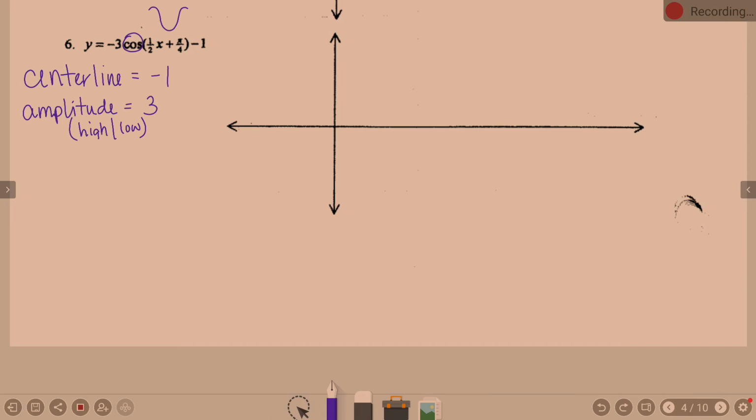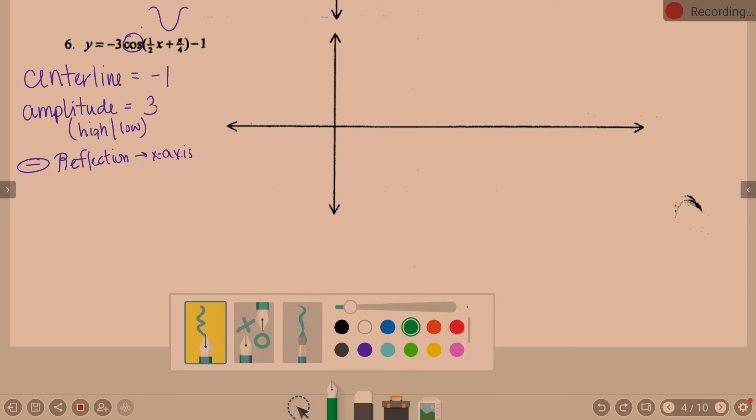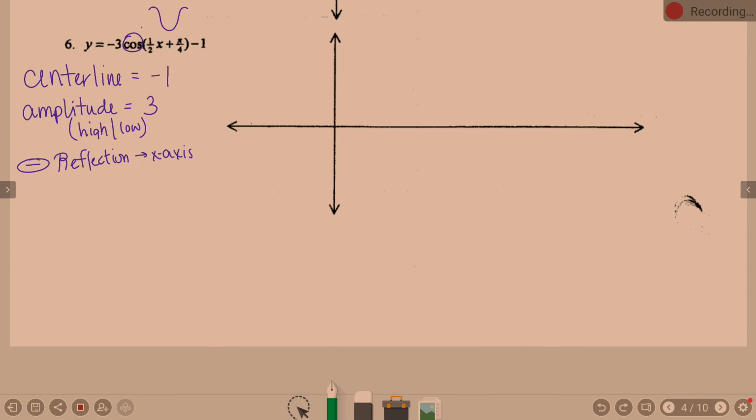What kind of 3 was it? It's a negative. What's that negative mean? It is a reflection. And we will, of course, be reflecting across the x-axis. So my valley isn't going to be a valley, is it? We're going to be doing a mountain this time instead then.